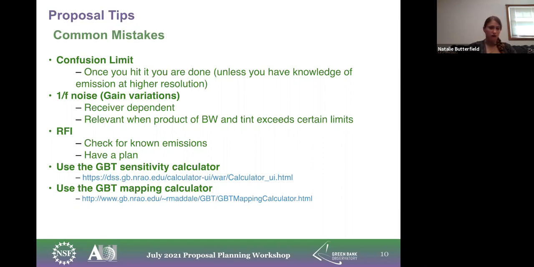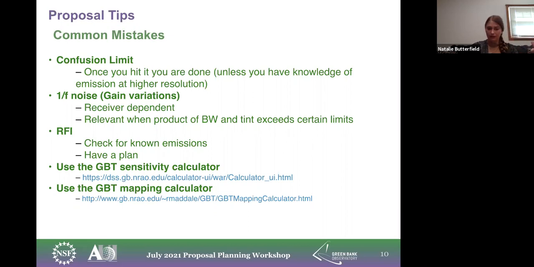You also have RFI. Make sure that you account for any RFI emissions you know of that could be in the receiver or the spectral window that you're observing, and that you have a plan for how you want to mitigate those. So maybe you want to use different polarizations, where RFI will show up in one polarization versus the other.